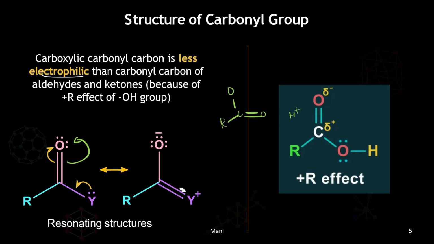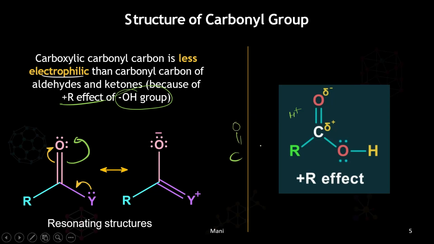So resonance happens, which we call positive resonance, induced by the hydroxyl group present here. Because of that, the electrophilic nature of the carbonyl carbon in carboxylic acids decreases compared to aldehydes and ketones. Understood?